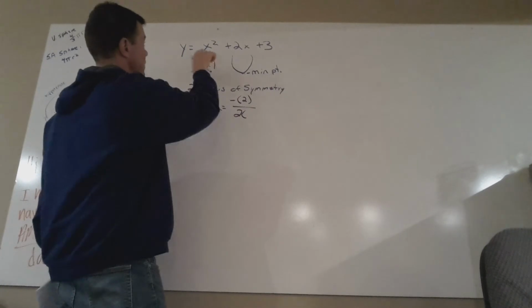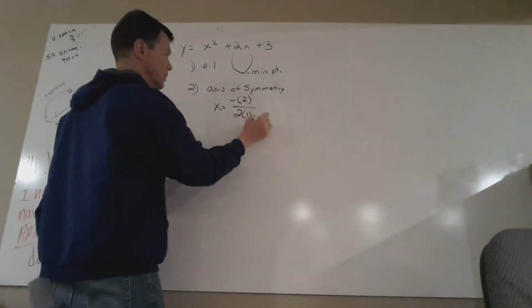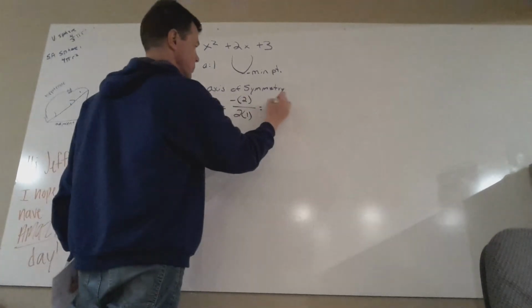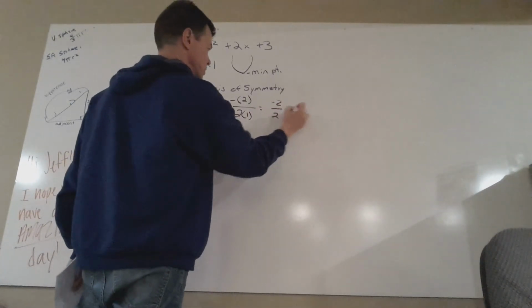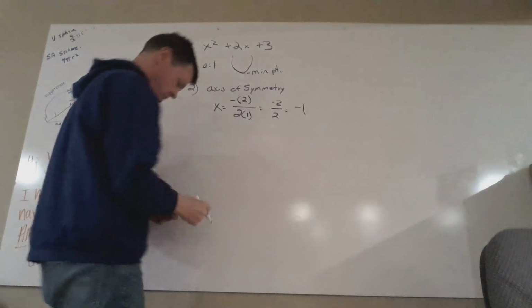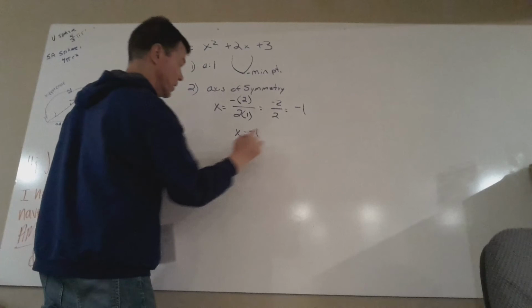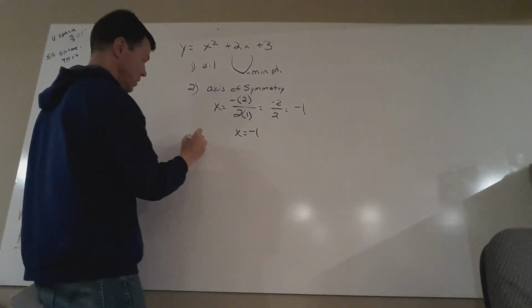A is positive 1. Simplify this. Negative 2 over 2, which equals negative 1. Axis of symmetry, x equals negative 1. That is your equation.